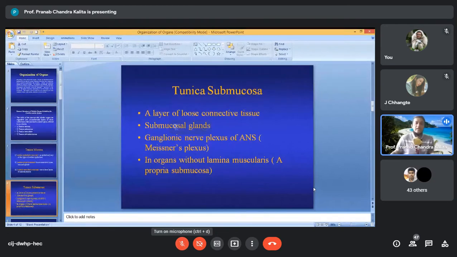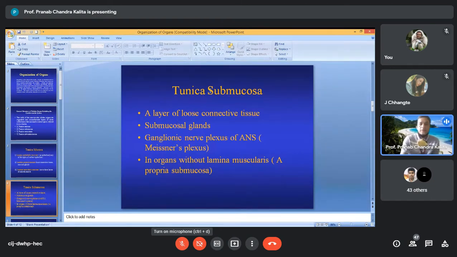Depending upon the secretion, there are three different ways of classification of the glands. One is on the basis of morphological characteristic, one is on the basis of secretory product, another is on the basis of mode of secretion. On the basis of the nature of the secretory product, they are defined as mucus, serous, as well as the mix or seromucus.